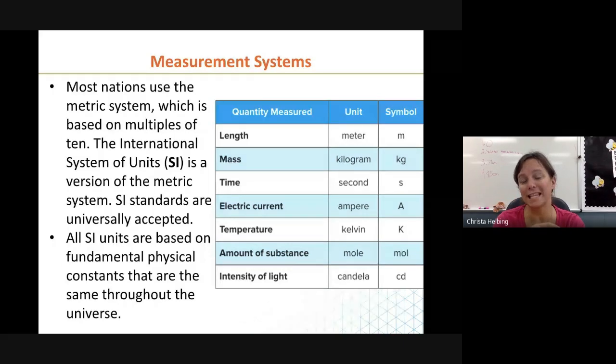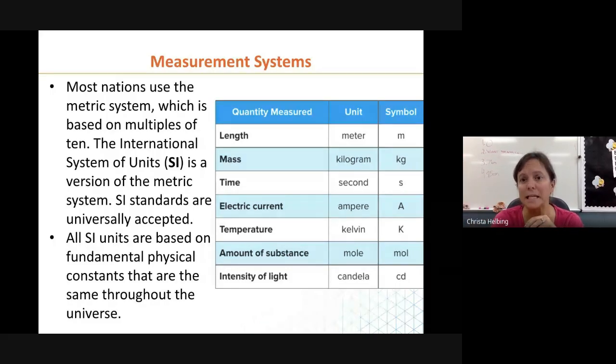The meter was originally defined by the length between the equator and the North Pole along the line that runs through Paris, and they actually have a marker in front of Notre Dame that it passes through. That's where we get the standard for length.